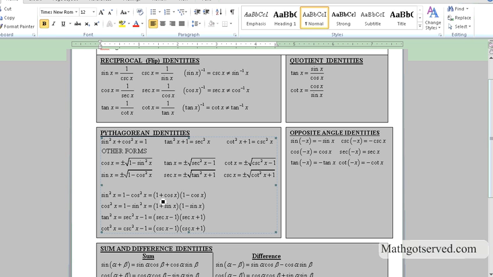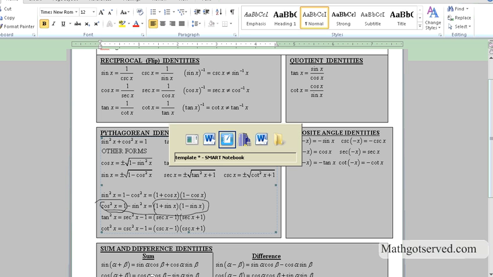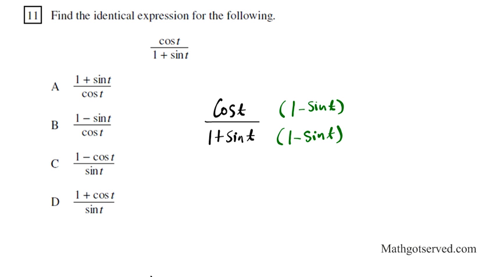The product of 1 plus cosine and its conjugate gives you sine squared, and for cosine, the same story. The product of 1 plus sine and its conjugate gives you cosine squared x, and the same story here also. This is the whole reason why you multiply by the conjugate if you have 1 plus sine or 1 plus cosine, because you can always change it into something else.